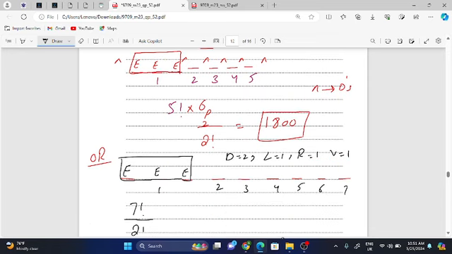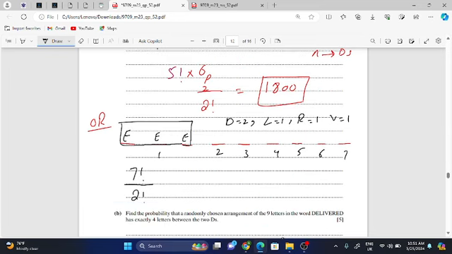You can see D is repeating 2 times, so you can write 7 factorial by 2 factorial. The rest of the letters are single, so they are treated as they are. So this is the combination without any restriction, so you can write it as the total number of arrangements.